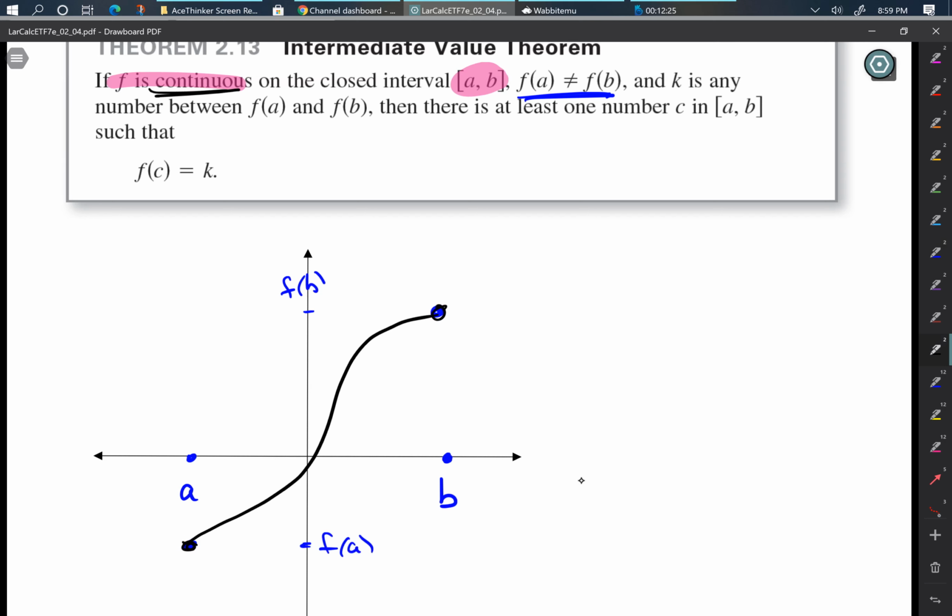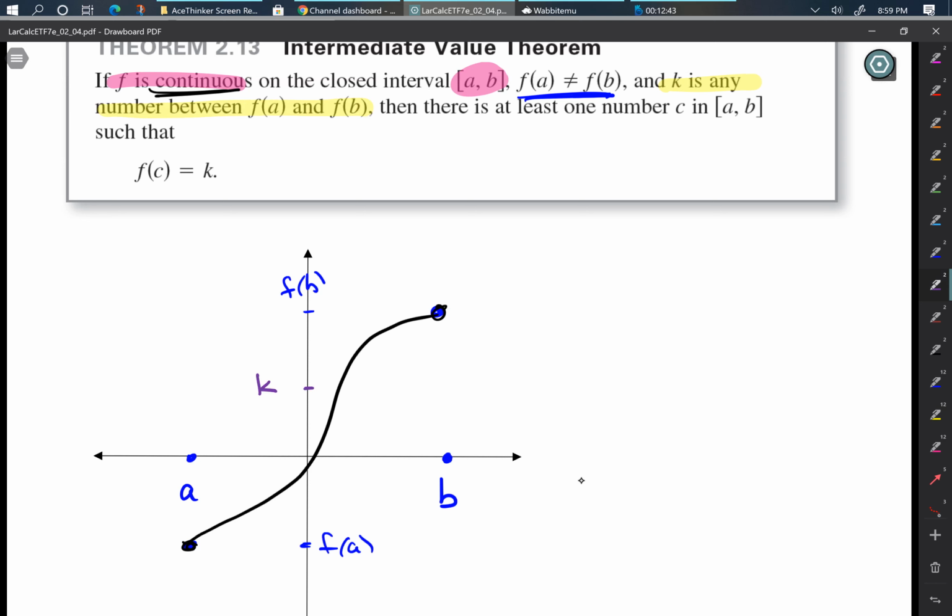Now, pick a k, pick a value k that is any number between f of a and f of b. So pick any k on that y-axis.